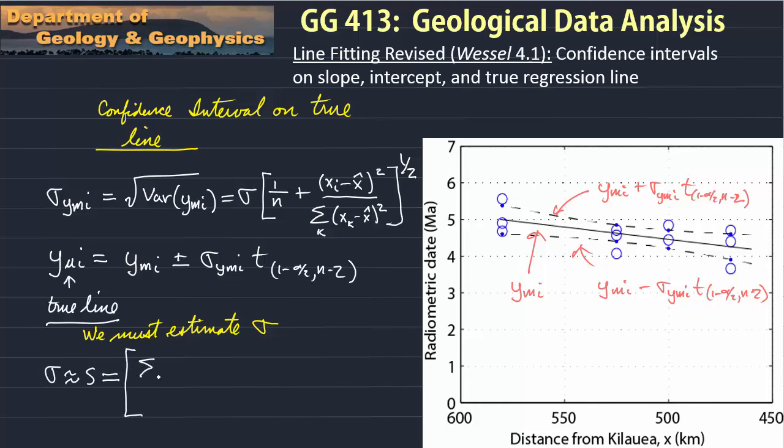And that's equal to the sum over all our data points, all our y measurements, minus our linear regression value. So we're summing the square deviation of all our data from the regression, divided by n minus 2, all taken to the 1/2. And what that is, is just our RMS misfit.